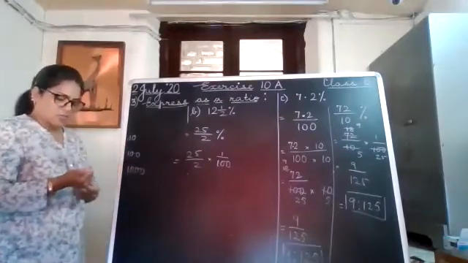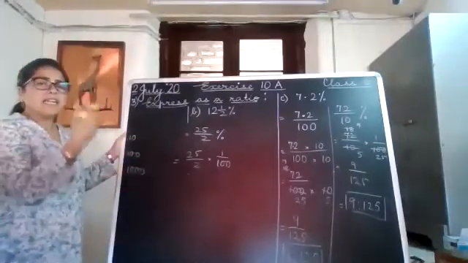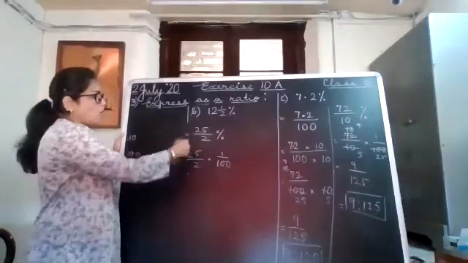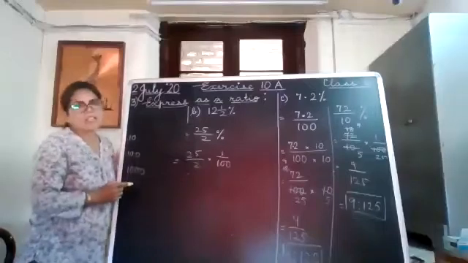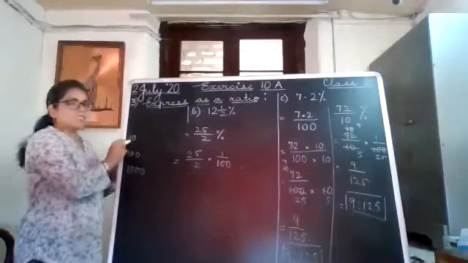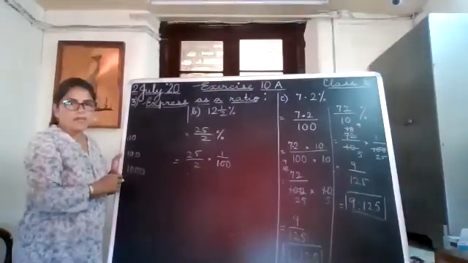But there is one more method in which you don't do the reducing and then dividing to change it into a decimal number. Whatever fraction you get over here, you change it into a decimal fraction, meaning a fraction which has 10 or a power of 10 as the denominator.